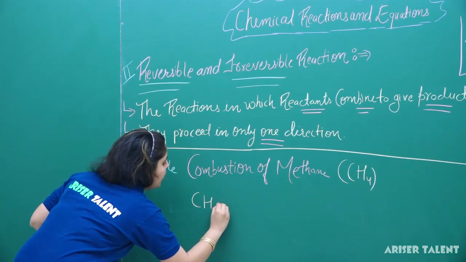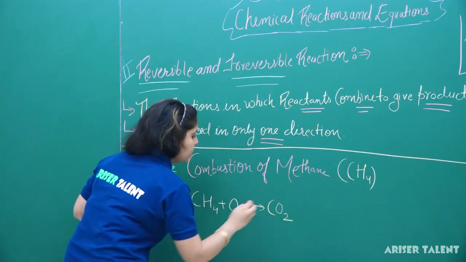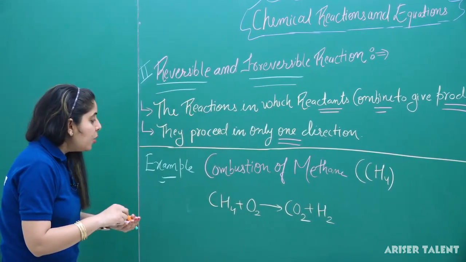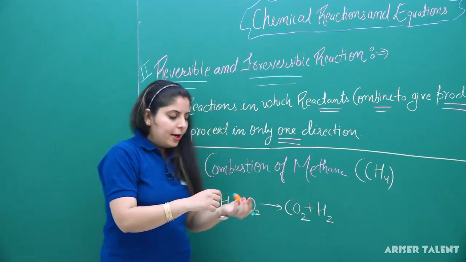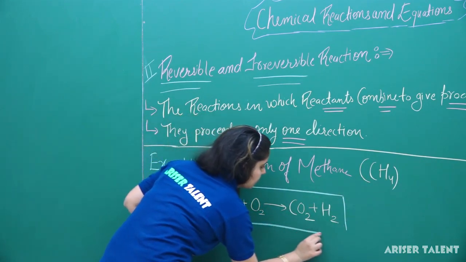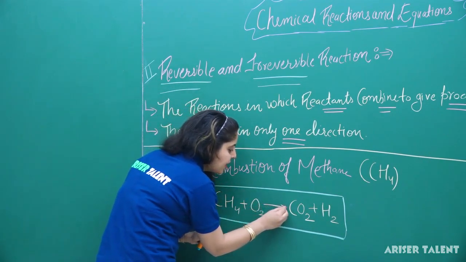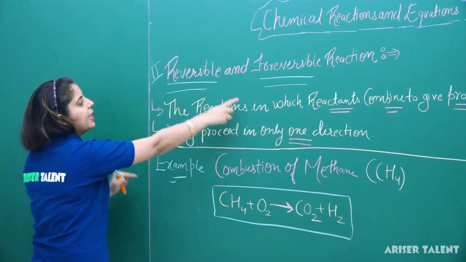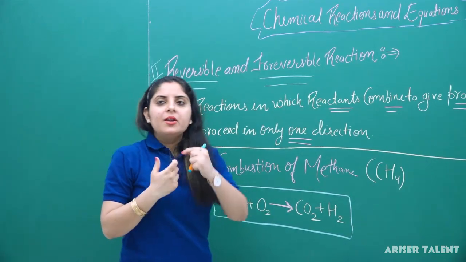CH4 reacts with O2 to give CO2, and H2 gas is liberated in this process. So in the combustion of methane we get carbon dioxide and hydrogen. This is the general reaction for the combustion of methane, and again we have seen that it proceeds in one direction. So we call it an irreversible reaction. This is all about irreversible reactions.